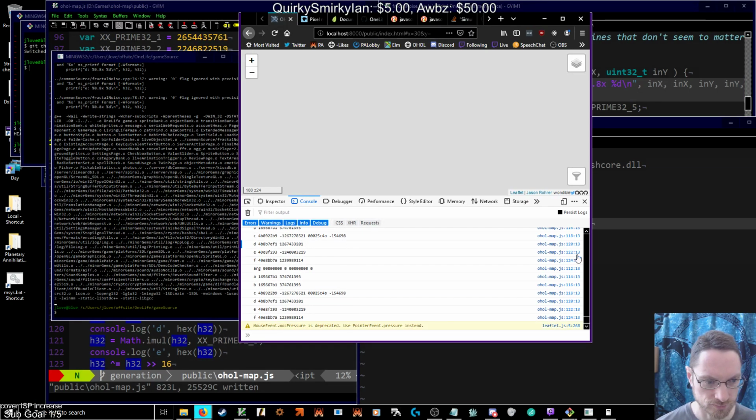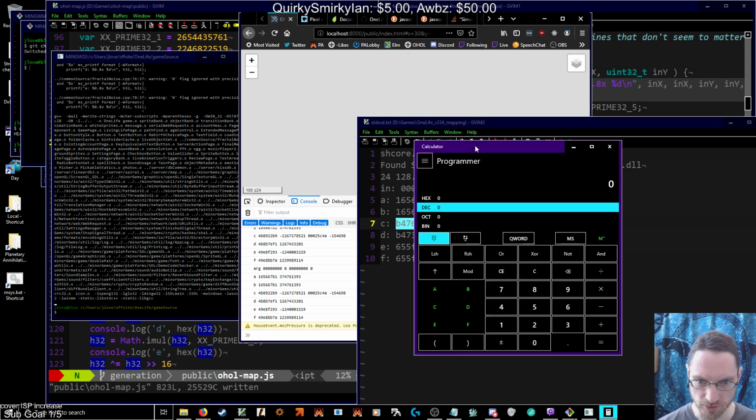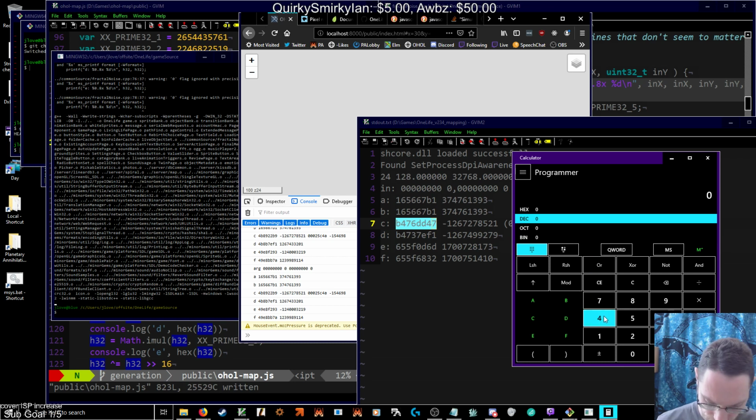All right. So we're getting this number correct, and we cannot get this representation of it. Let's put this back to calculator. So decimal. Five, 2, 1.